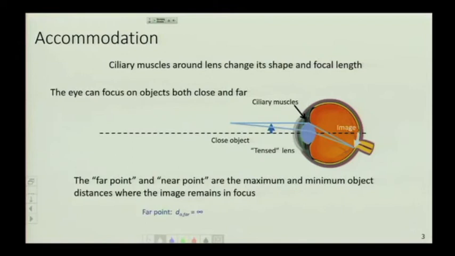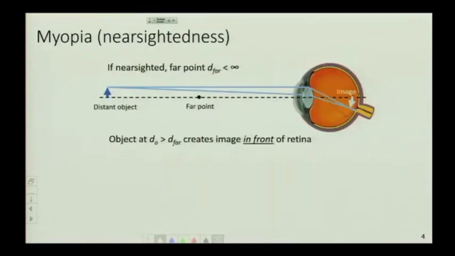What happens in each case? Okay, so this is the normal near point and far point. All right, so myopia, which is nearsightedness, what happens is that the far point is not infinite. So this, again, as I said last time, happens if your lens is too converging and you have an image that, instead of being formed on the retina, is formed in front of the retina.